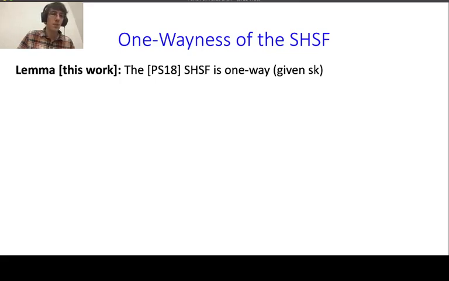I'll explain the LWE-based construction. There we just show that the original shift-hiding shiftable function based on LWE was already one-way. And so this SHSF that already existed solved the correlation intractability problem.